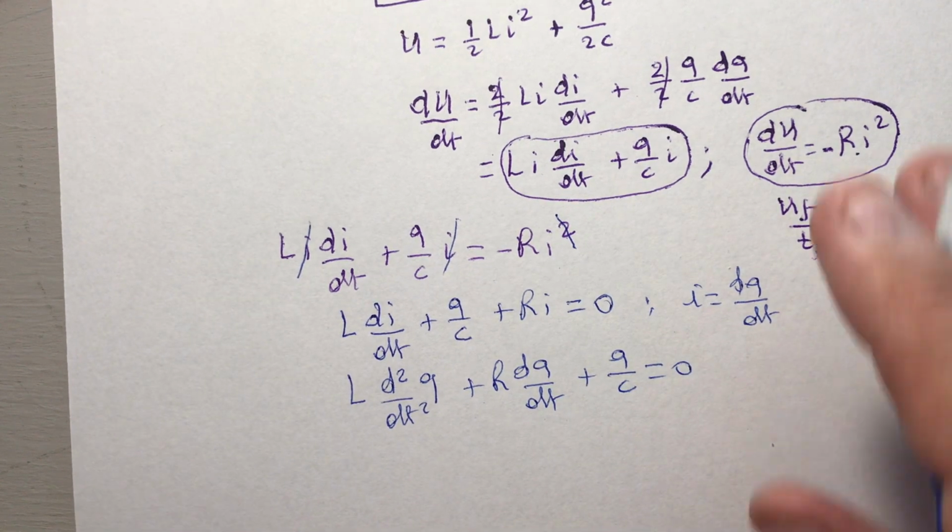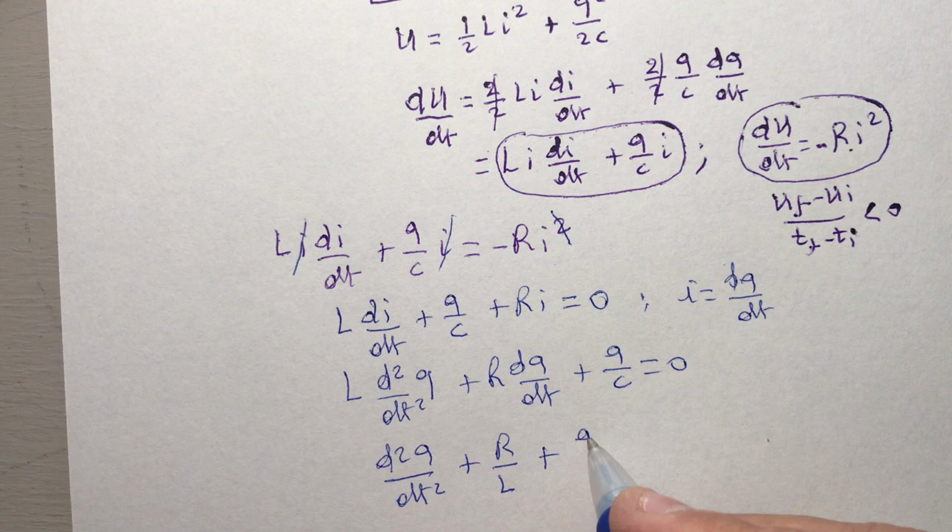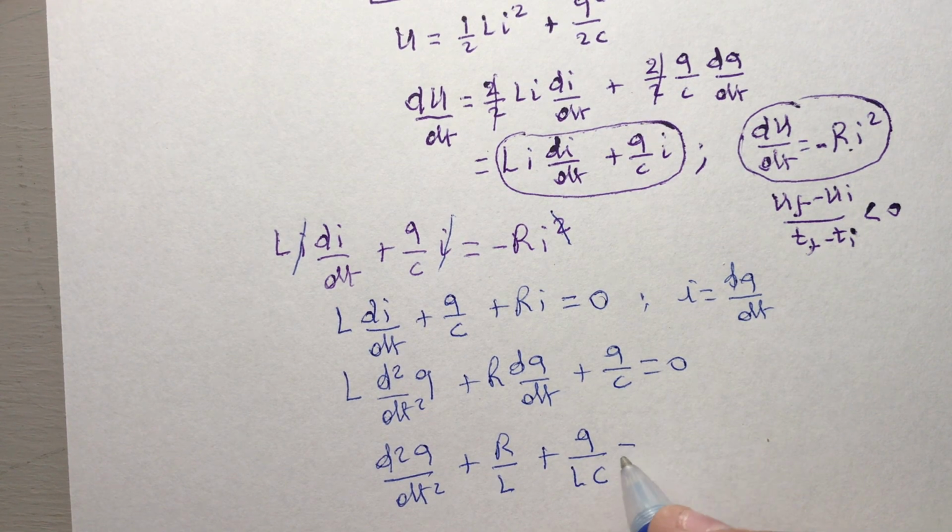Let's divide everything by L. So I put d squared q/dt squared plus R/L plus q/LC is equal to 0.